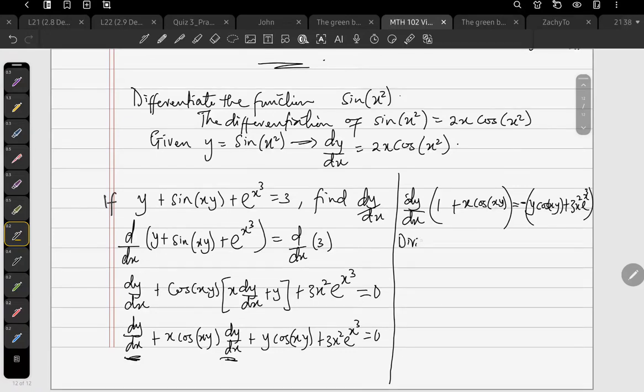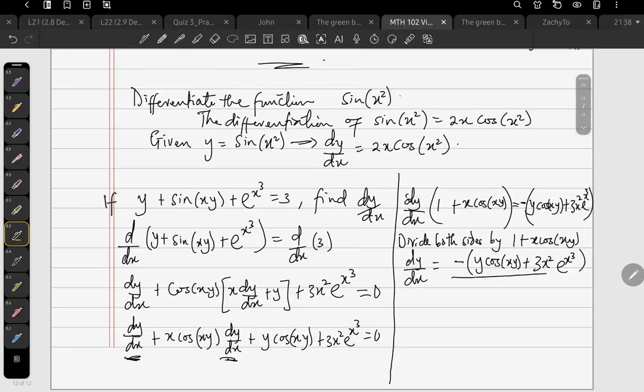If we divide both sides by 1 plus x cos xy, I'm going to get dy/dx is equal to negative of y cos xy plus 3x squared e to the power of x cubed, all over 1 plus x cos xy. And this will be the answer to this question.